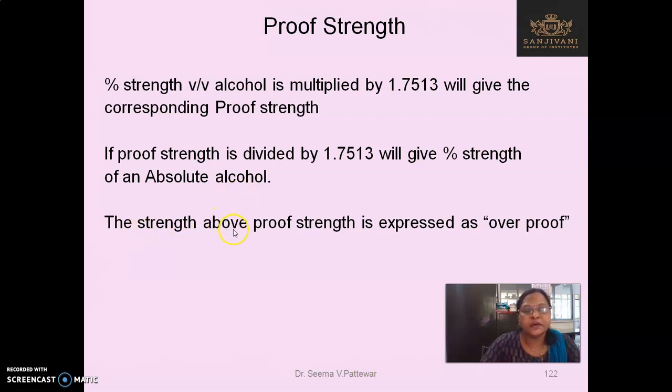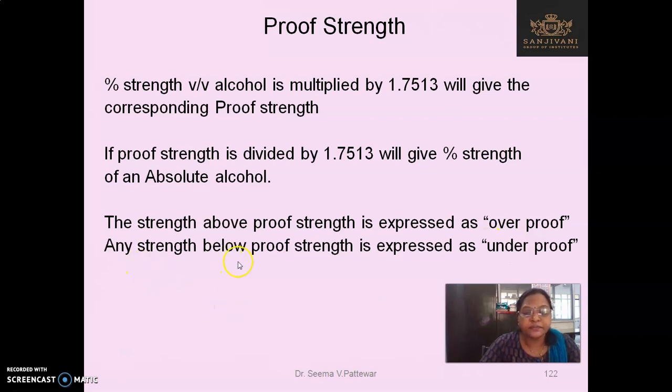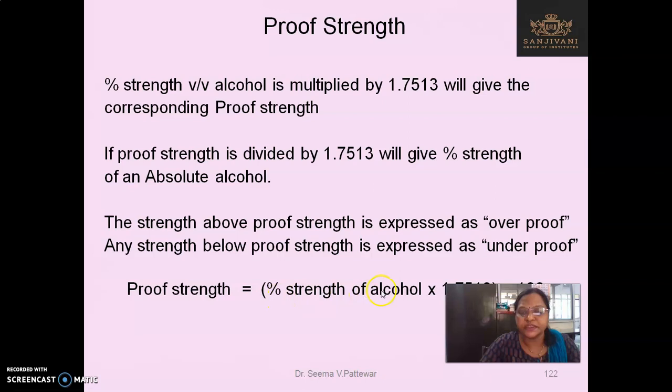The strength above proof strength is considered overproof, and the strength below proof strength is expressed as underproof. Overproof gets a plus sign, and underproof gets a minus sign. So proof strength is equal to percentage strength of alcohol multiplied by 1.7513 minus 100.